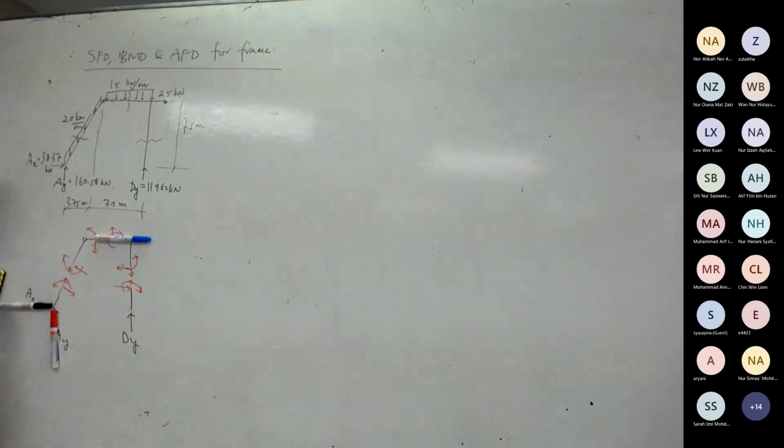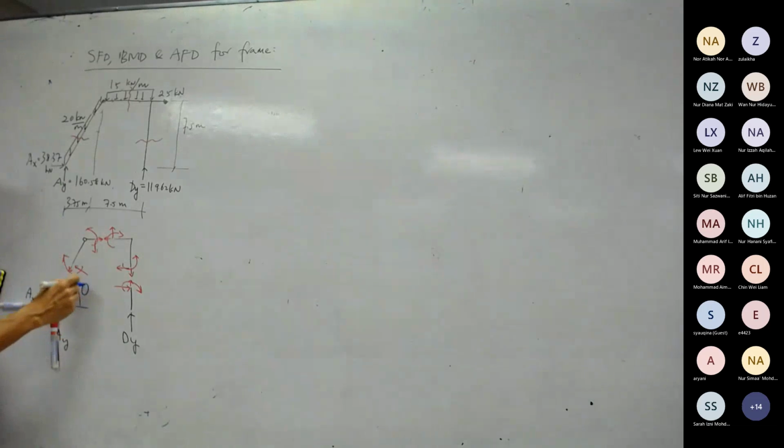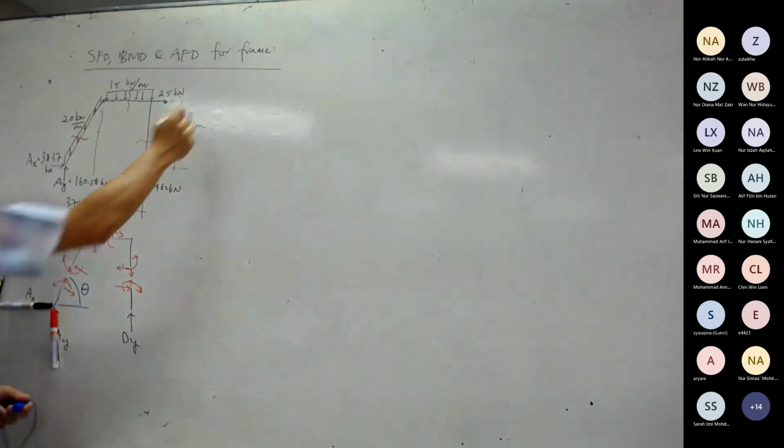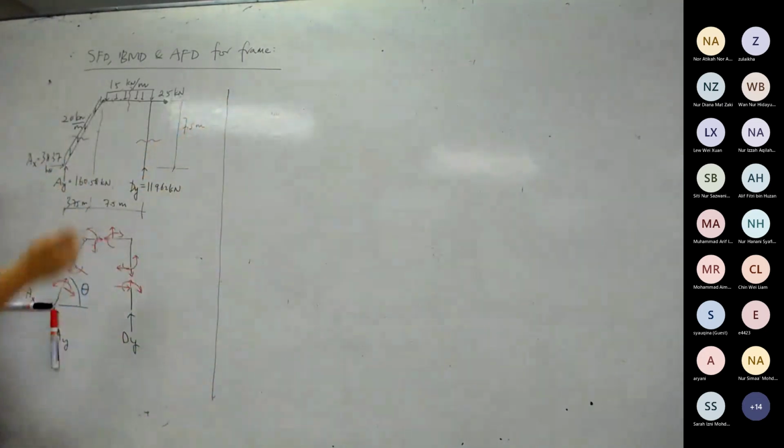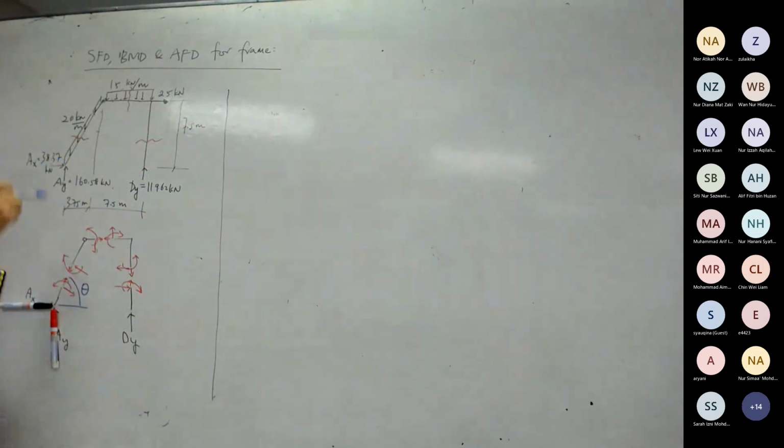Okay. Now, how to get the component of this in this direction, the component of this in these directions? You need to make use of this inclination here, the theta here, the theta here. So that theta has to be calculated from the dimensions of the problem given to us.